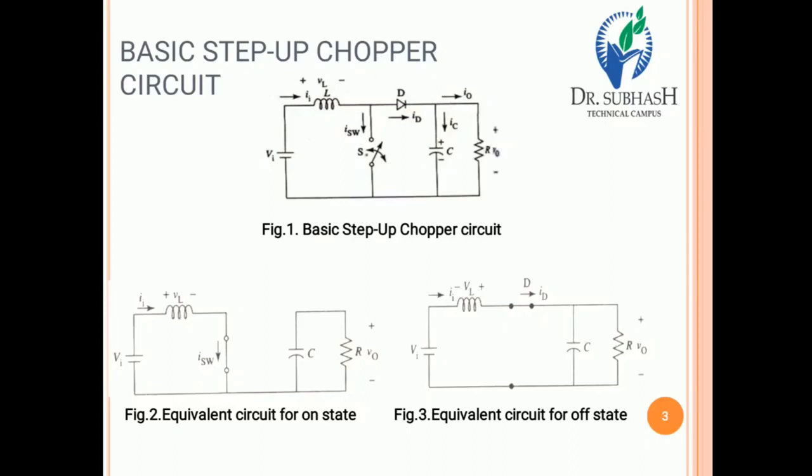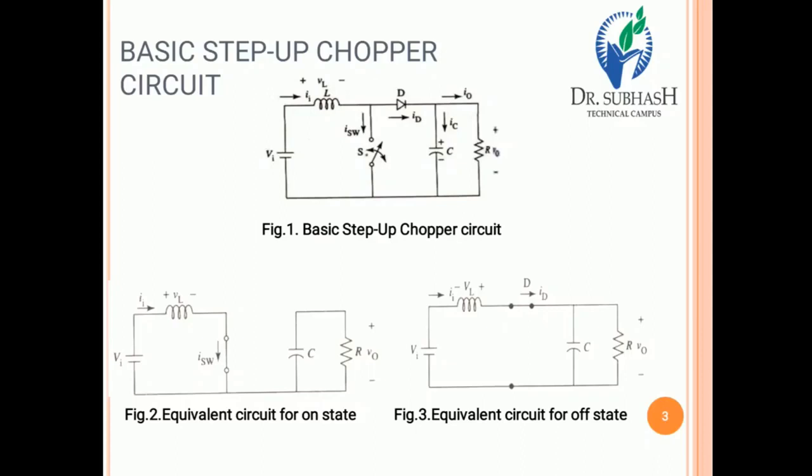Figure 1 is the basic step up chopper circuit, and figure 2 is the equivalent circuit of the on state. That means the switch is in the turn on condition. Since the switch is turned on, the diode goes into the reverse bias condition, so it works as an open switch.